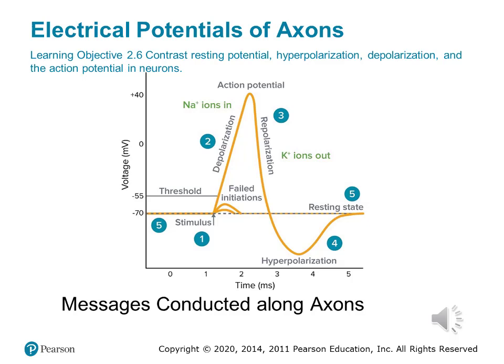So the message conducted along the axon happens in a rapid burst of depolarization that's followed by hyperpolarization. There's a threshold of excitation which has been described in your textbook, and that basically means that a set point must be reached in order to produce the action potential in every individual neuron.